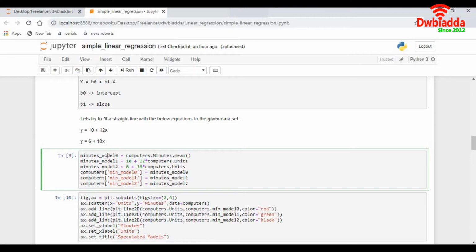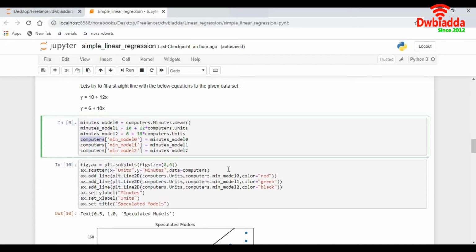So I make the first model, which is nothing but the mean of the minutes. The second model, I make it as 10 plus 12 into computers.units, which is nothing but the x value. The third model is 6 plus 18 into computers.units. I add a column to the data frame computers with the values of all three models.